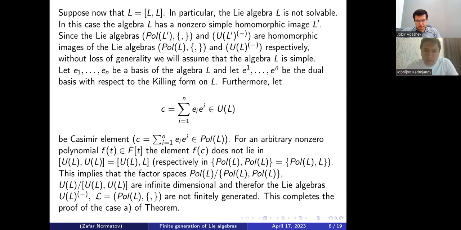I don't know the Casimir element, but I searched in Wikipedia, and I know that the Casimir element is a distinguished element of the center of the algebra. But maybe the algebra has many elements in the center.